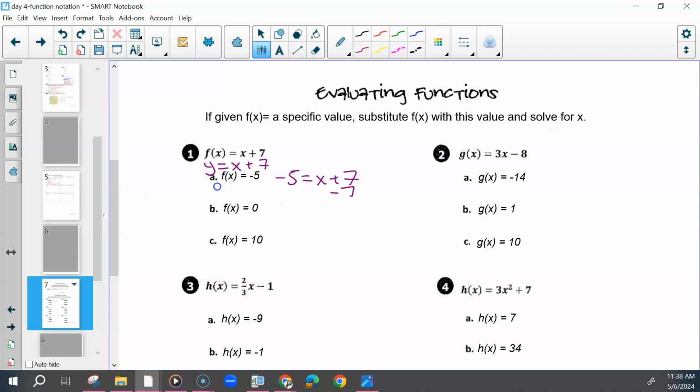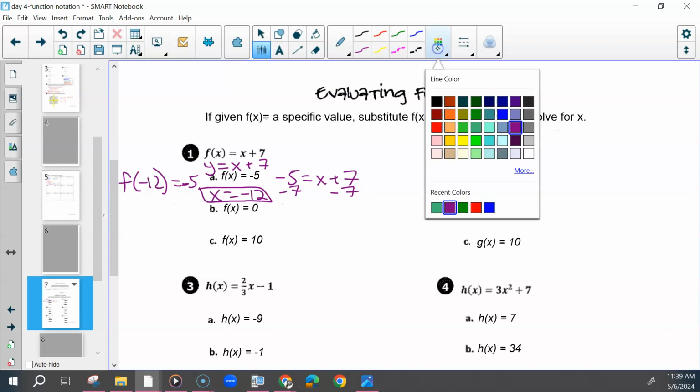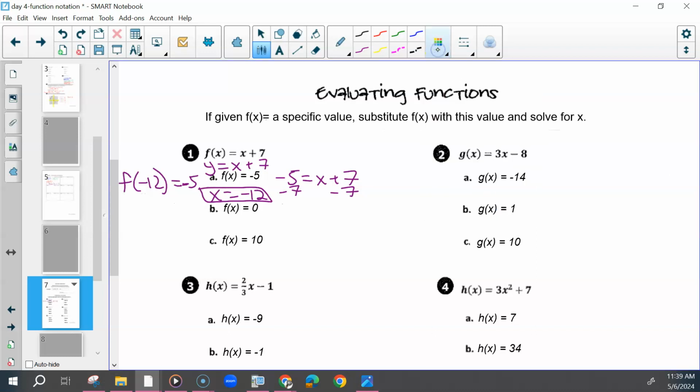Alright, 7. So that x equals -12. So you just leave it like that, or if you want to rewrite it as f of -12 equals -5, you could also do that. But the point is, we're looking for the x. We were given the x and had to find y, but now it's switched.